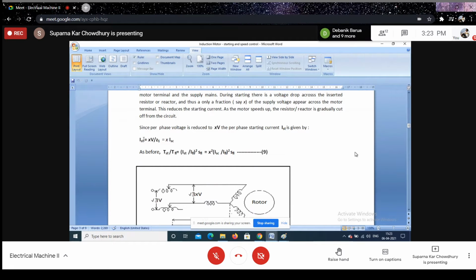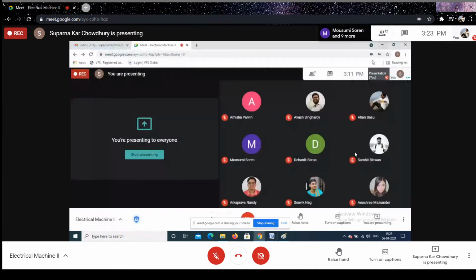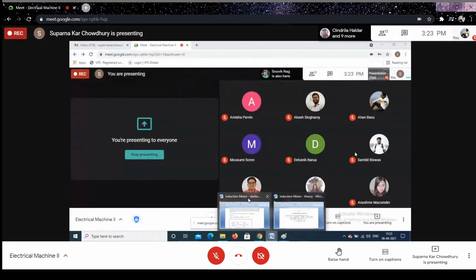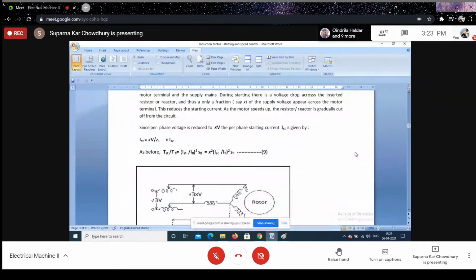Now I starting will be the applied voltage divided by the short circuit impedance. The applied voltage is XV per phase, and the line to line is √3XV. So the per phase voltage is XV by the per phase short circuit impedance Z1. So this will be X times I short circuit, because I short circuit is defined as V by Z1.